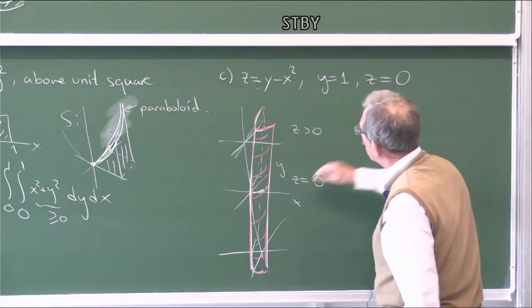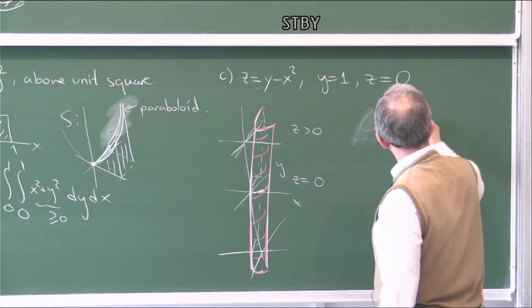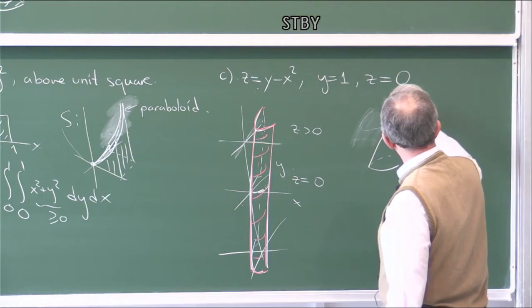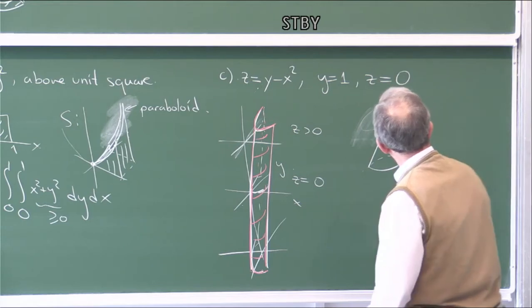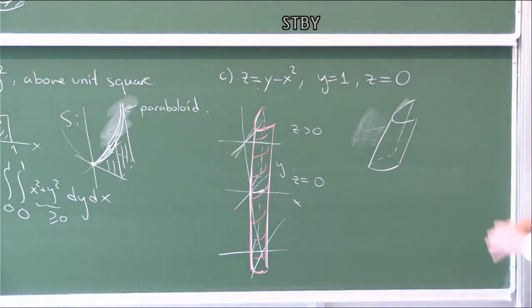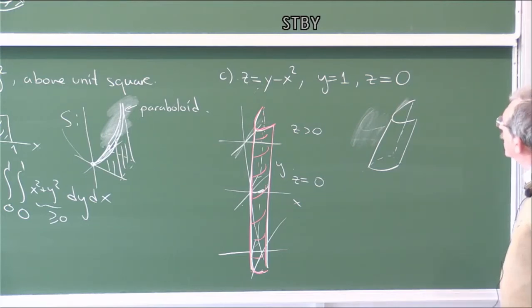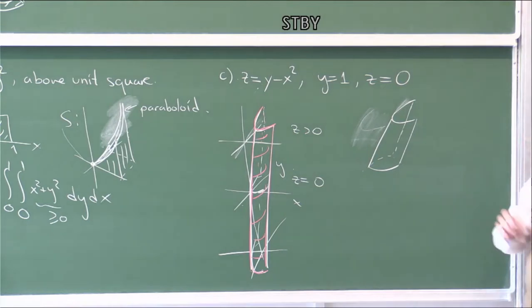Let me draw it in a better way. It looks like this. It's something like this, a tilted, curved surface. Now we cut it with z equal to 1, z equal to 0.